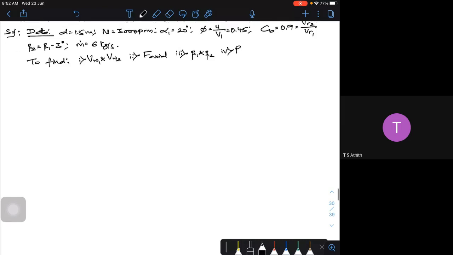Before that, let's find the u actually. There are few parameters which we need. This problem can be solved using the trigonometric principles or using graphical method. Both we will try for this particular problem.